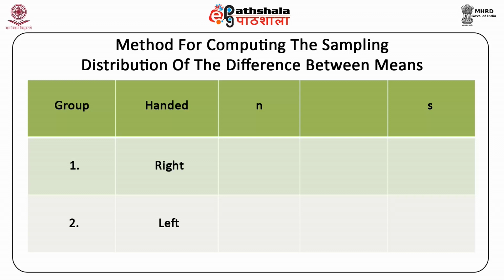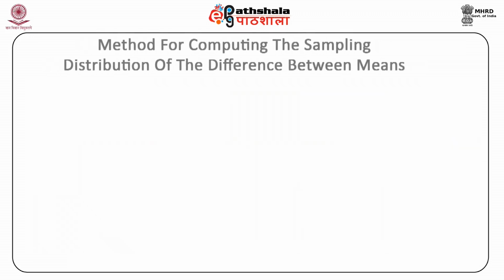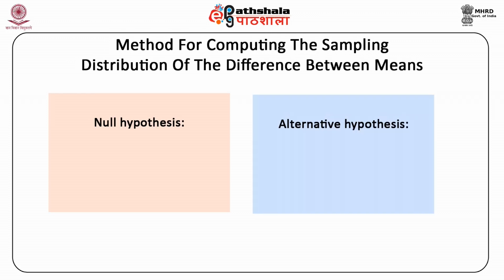The mean of the right-handed group is 55.8 and that of the left-handed group is 59.3. Here we have the null and alternative hypotheses, with null hypothesis H naught: mu1 is equal to mu2, or H naught: mu1 minus mu2 is equal to 0.